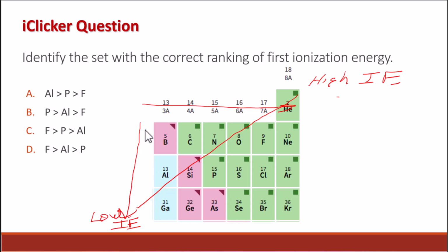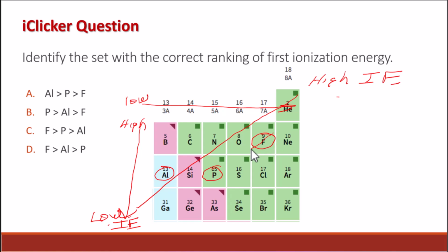So when we're talking about the vertical column, this is low, this is higher, and with respect to left to right, it increases from left to right. If I'm looking at, let's say, aluminum, which is here, that's going to be relatively low compared to phosphorus, which is here, which is relatively low when compared to fluorine here.